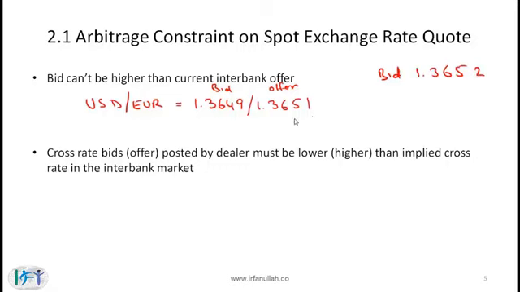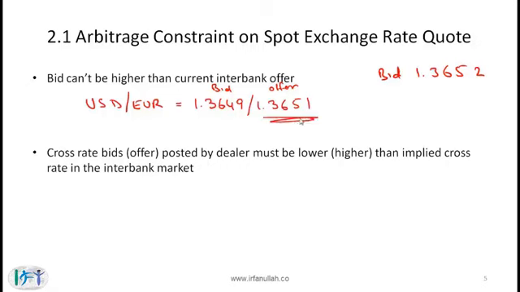The arbitrage opportunity is that a third party can go to the interbank market and buy euro for 1.3651, since the offer in the interbank market is 1.3651.